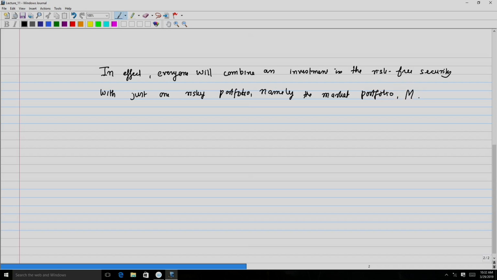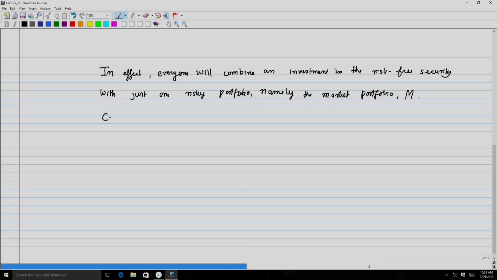So, instead of going and investing in individual securities and working out the weights, one can basically take up a risky position simply by making an investment in the market portfolio.